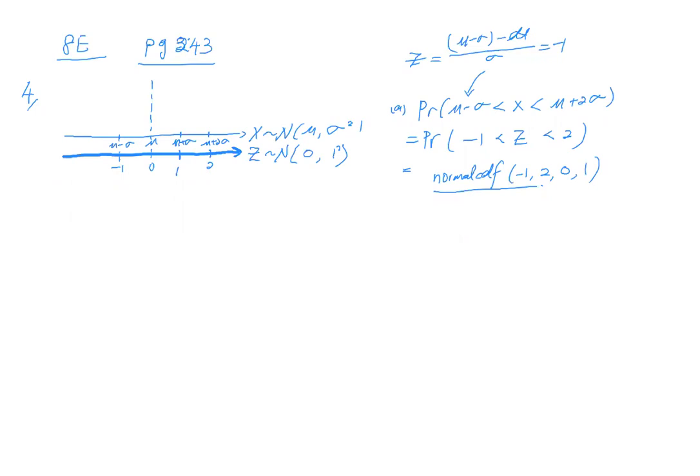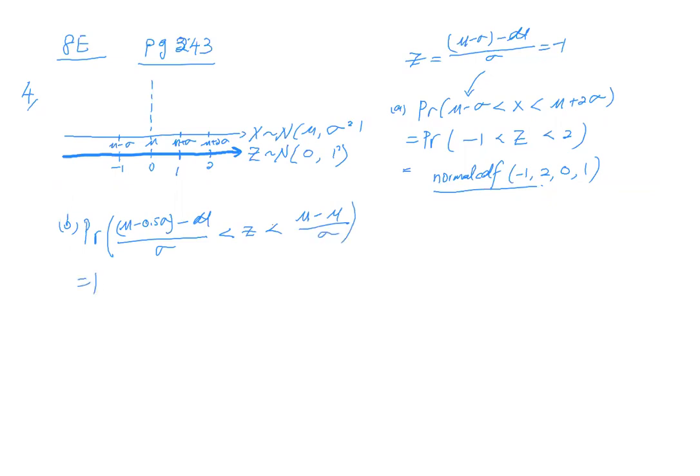Okay, for part B, probability of mean minus 0.5 standard deviation, take away mean, divided by standard deviation, the z-score, and the other end will be mean minus mean divided by standard deviation.